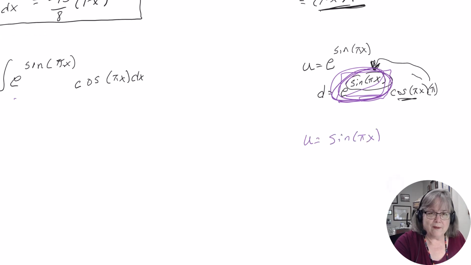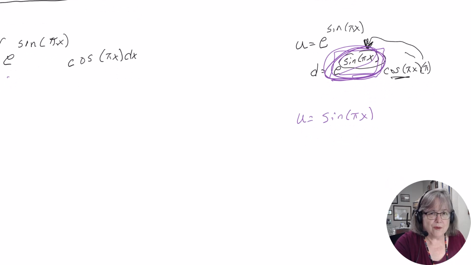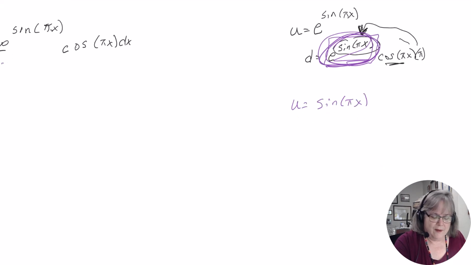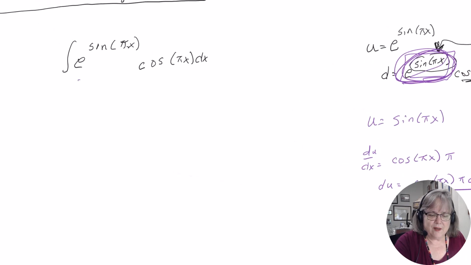Everybody has their one function. They don't get double used. They don't get used in two places at the same time. All right, so du dx, derivative of sine is cosine. Loop back in and take the derivative of the inside. So du is cosine pi x pi dx, right? So we look at this, look over here.